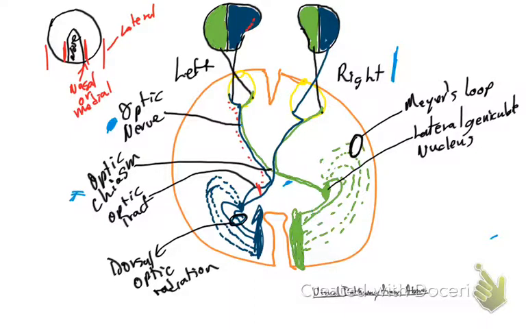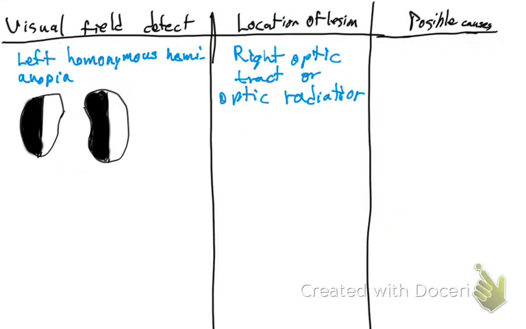Okay, yeah, so now let's move on. Let's continue. So what are the possible causes of the left homonymous hemianopia? Well, we have a few. Do you remember that the lesion can be in the optic tract or in the optic radiation?